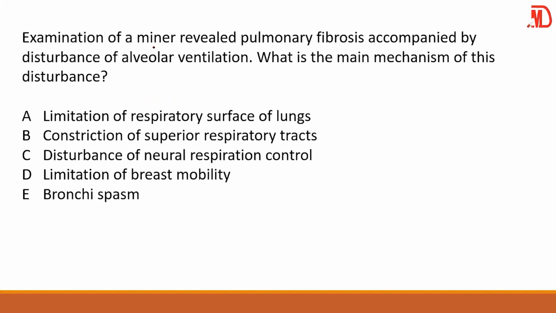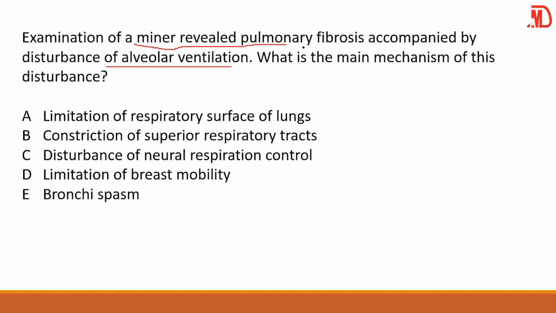Examination of a miner, somebody who mines. There's pulmonary fibrosis, accompanied by disturbed alveolar ventilation. I wanted to mention this pulmonary fibrosis when we're talking about the obstructive and the restrictive pulmonary diseases.